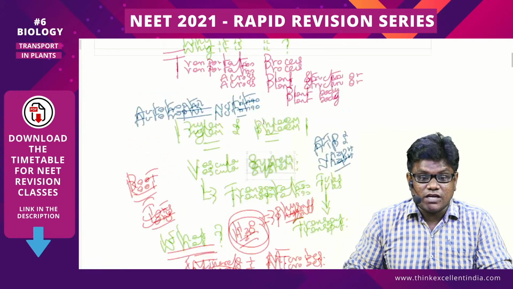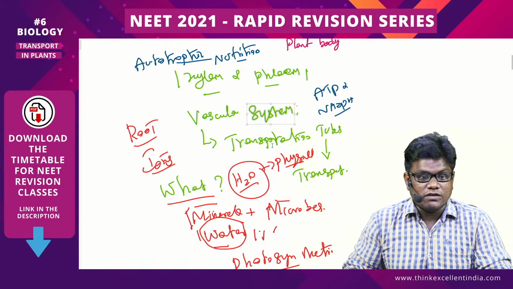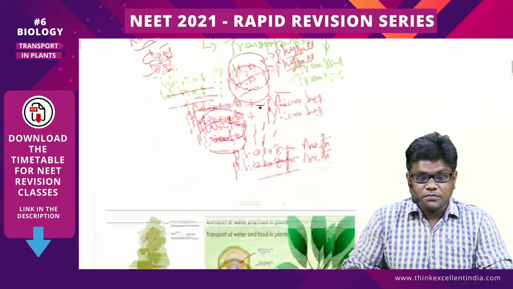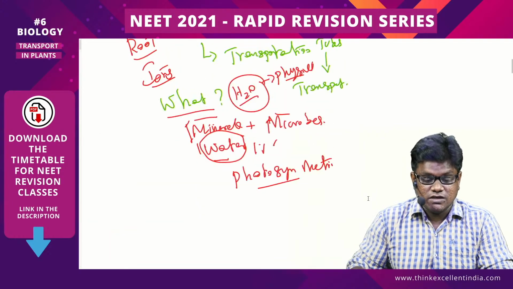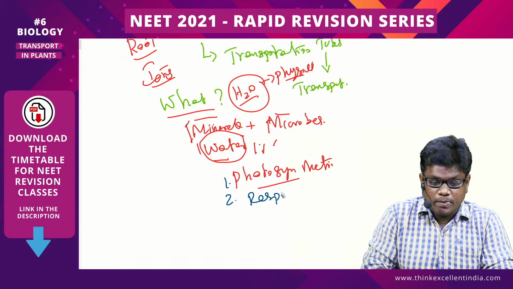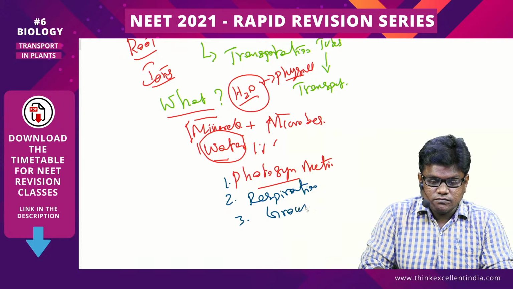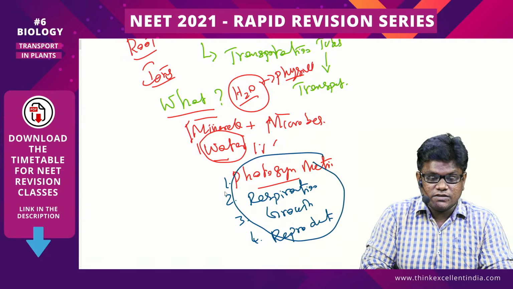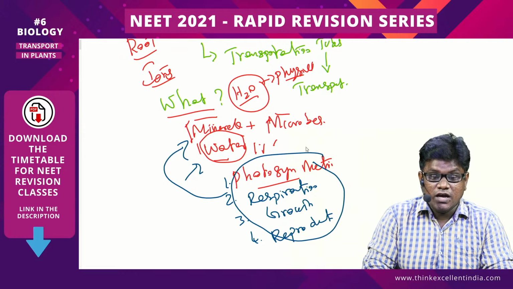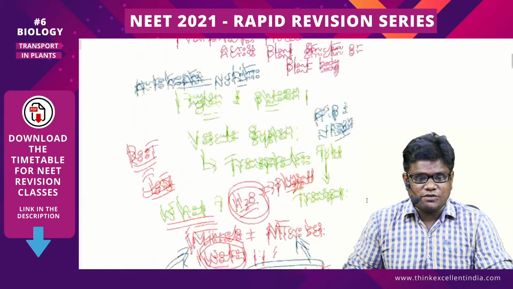And why is it getting transported? Because it is included in the physiological processes. What are the physiological processes? They require photosynthesis, respiration, growth, and finally reproduction. For all these purposes, the organism requires minerals, water and some microbe support to live as an autotrophic organism.